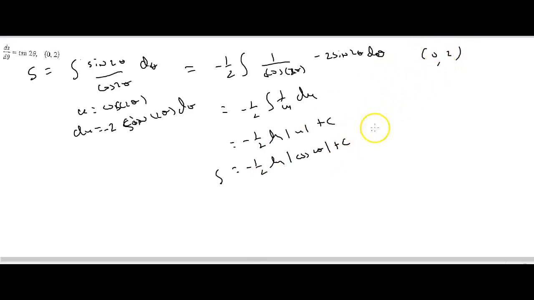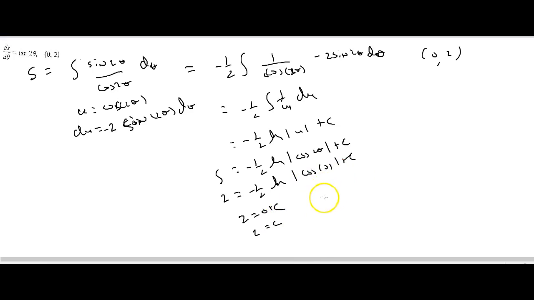All right, so they tell me my point is 0, 2. Okay, so when I plug in an angle of 0, I should get 2. So I'm going to put a 2 in where the s is: negative 1/2 ln cosine of 2 times 0 is just 0, plus c. Cosine of 0 is 1. ln of 1 is 0, so this whole thing cancels out, and I get 0 plus c equals 2, which is the same as 2 equals c.